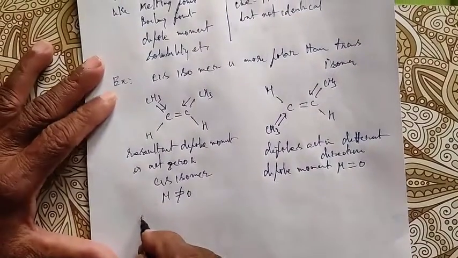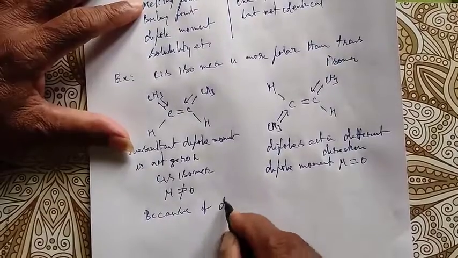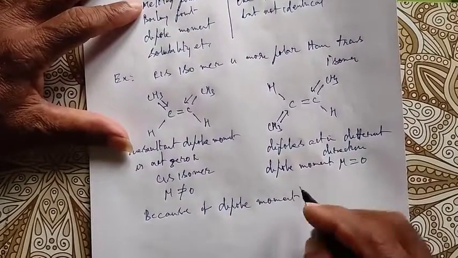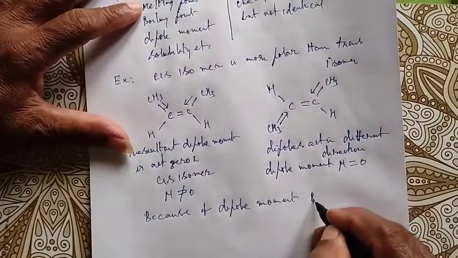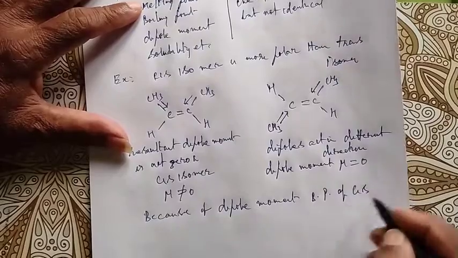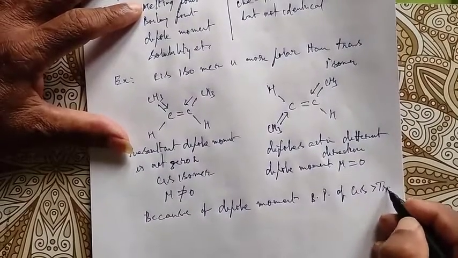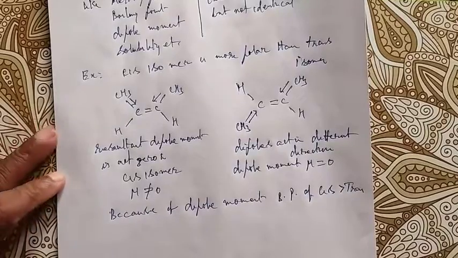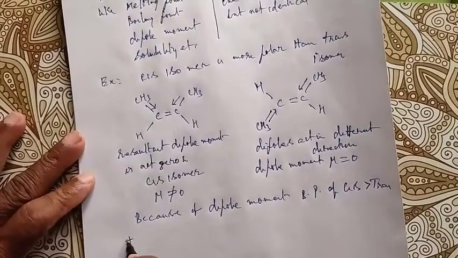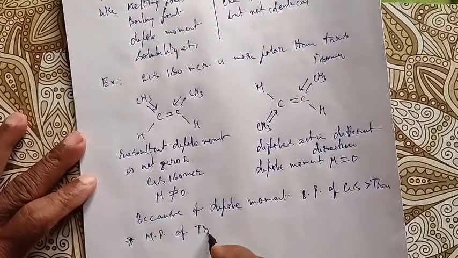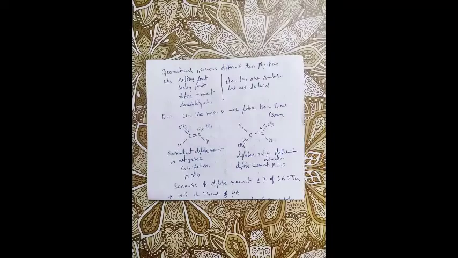So, because of the dipole moment, the boiling point of cis isomer is greater than trans isomer. On the other hand, the melting point of trans isomer is greater than cis isomer.